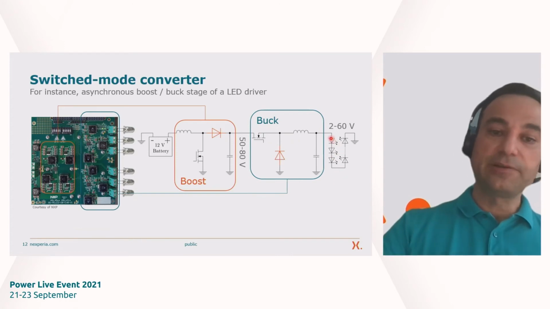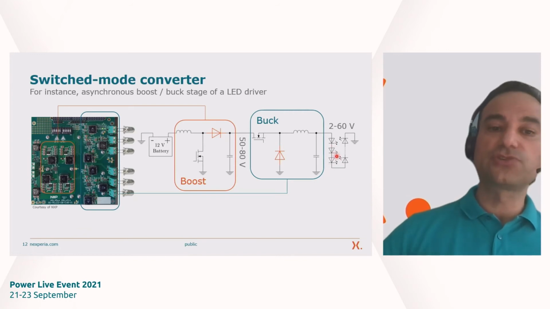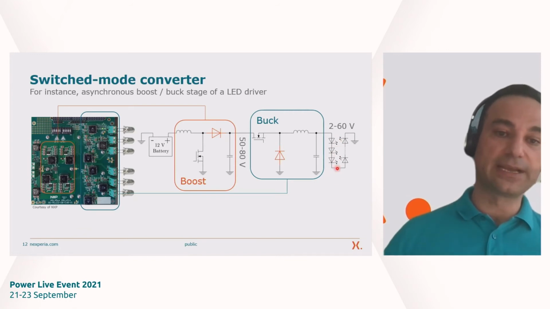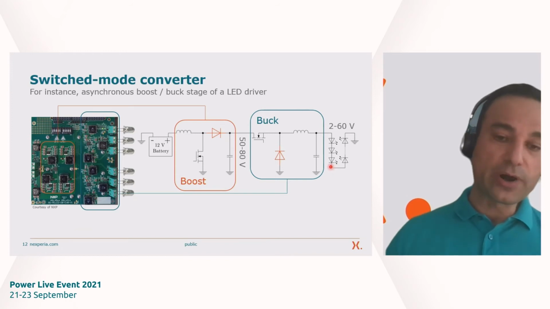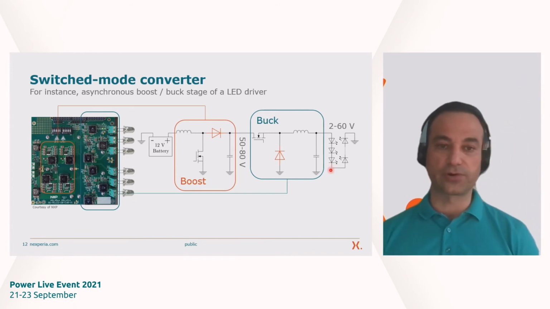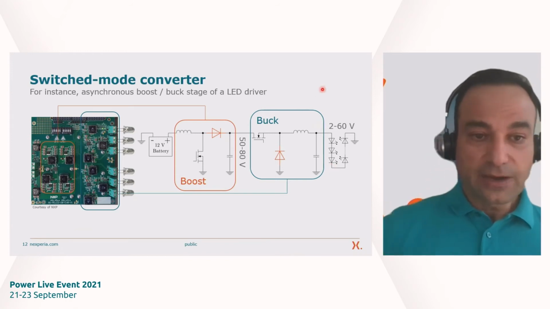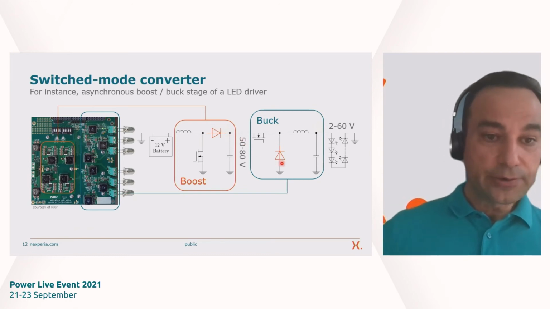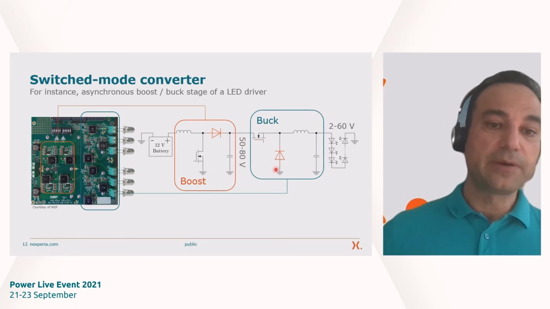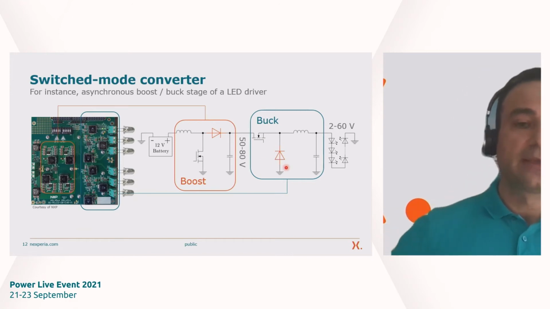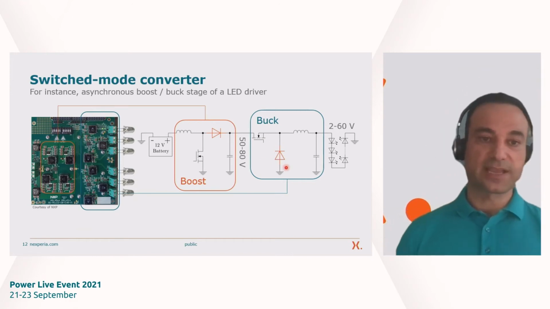And this very much depends on the voltage across the LED string. So the more LEDs you have, the higher the voltage, of course. So obviously, also in this case, we have two diodes in the boost and in the buck stage. It's the asynchronous boost and buck stage.